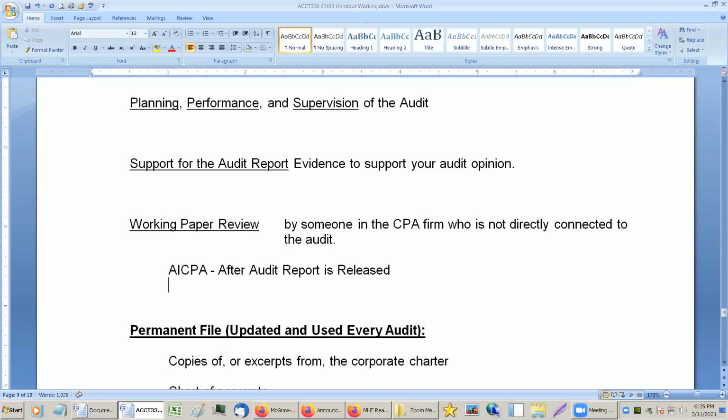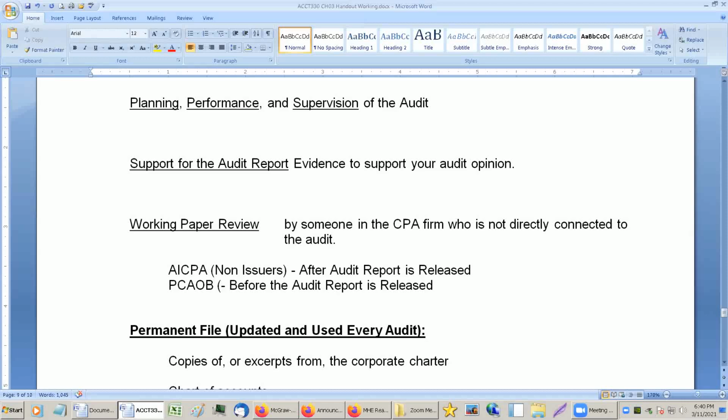For the PCAOB, it must be before the audit report is released. And you remember that the AICPA is usually for the non-issuers, and the PCAOB is for issuers.